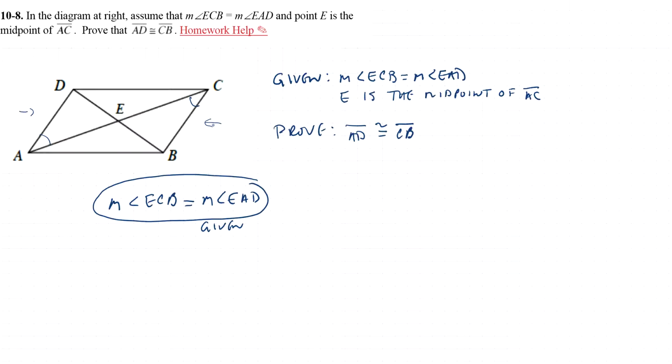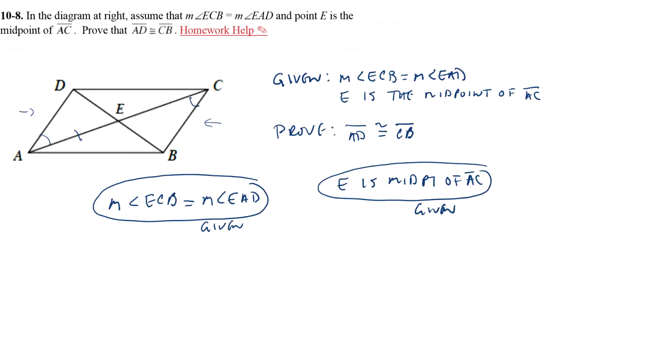So the next statement they have is they say E is the midpoint of segment AC. And so we know this is given. And so E is the midpoint. Okay, so if E is the midpoint, that tells me that this segment here equals this segment.